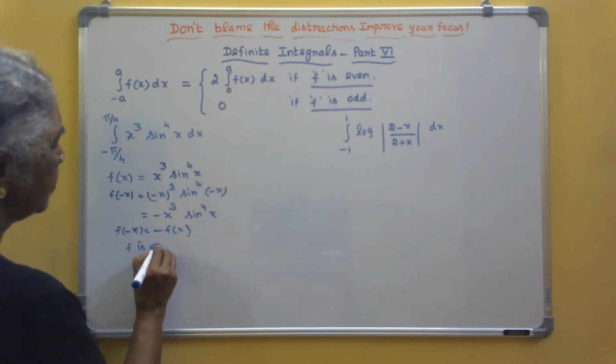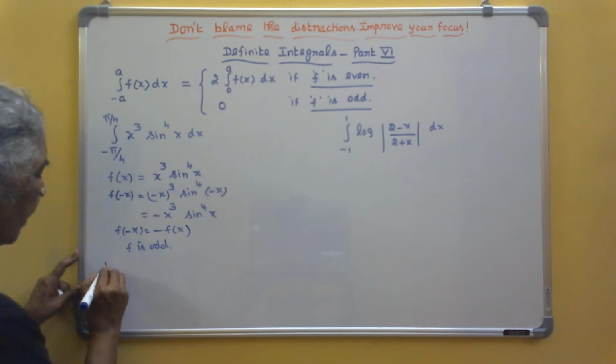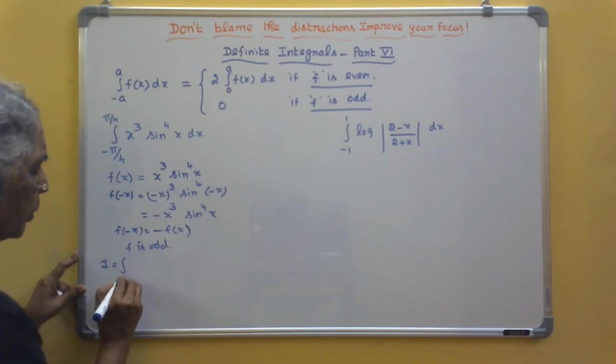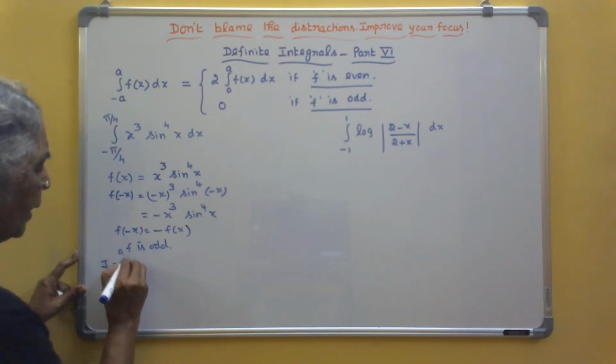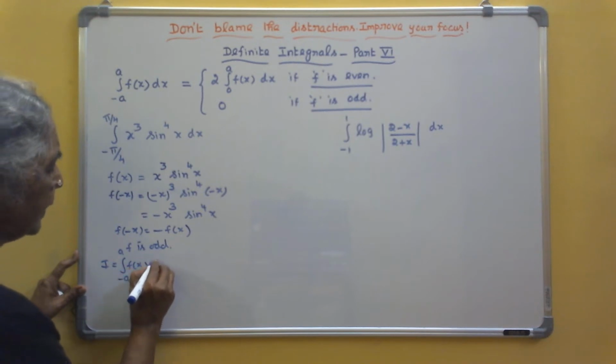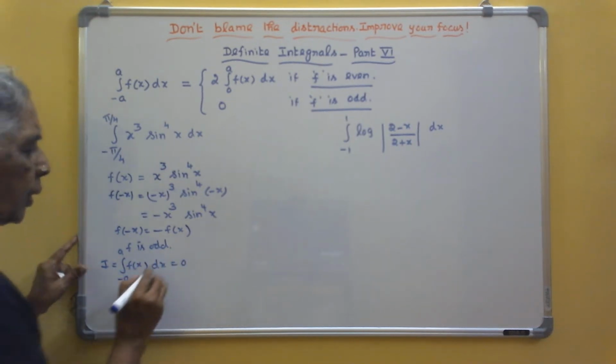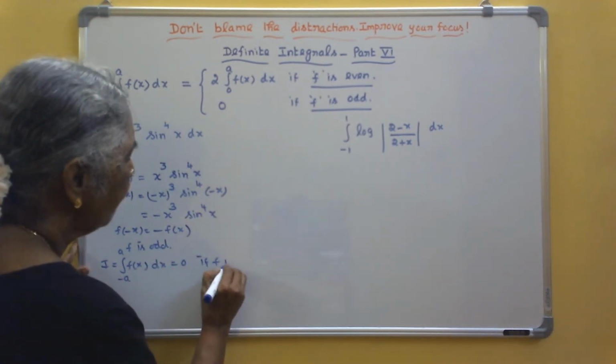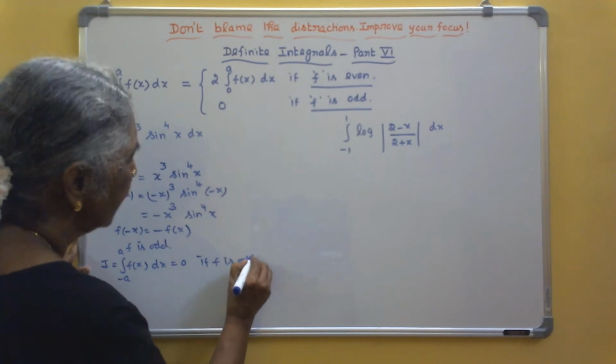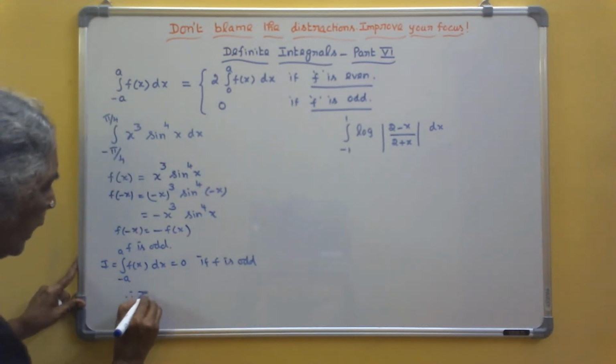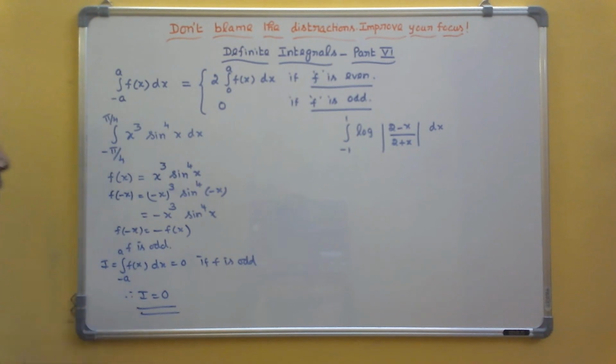Therefore, f is odd. Then let us write that property: I is equal to integral minus a to a f of x dx. That will be equal to 0 if f is odd. Okay. Therefore, I is equal to 0. That's all. So, when it comes as a product of two functions, you have to check that.